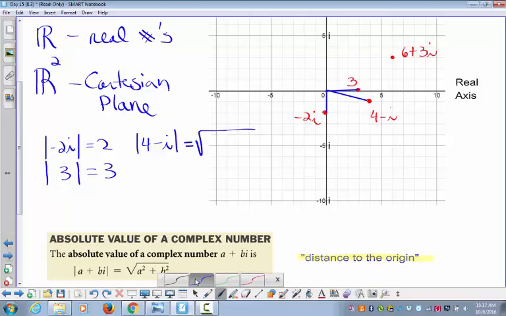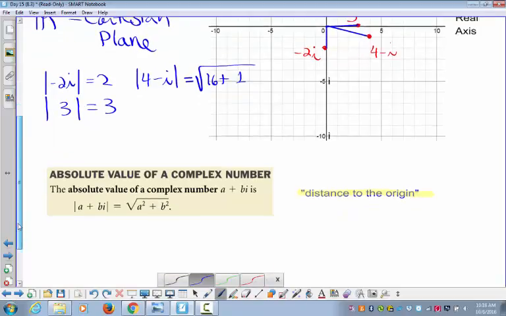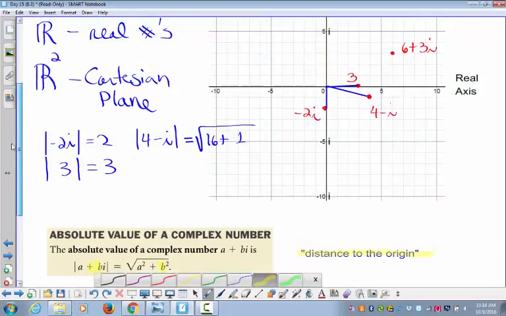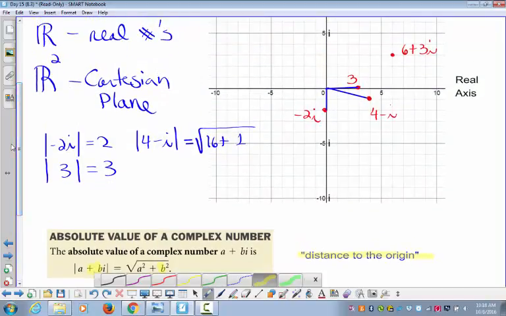So square root of, we square the 4 and get 16, and we square the negative 1 and get 1. So we think of the coefficient of i as negative 1, so that's what we're going to square. We're not dealing with the i, we're just taking the coefficient. The formula says take the number in front of i and square it. So we ignore the i when we're finding this distance to the origin or this magnitude.